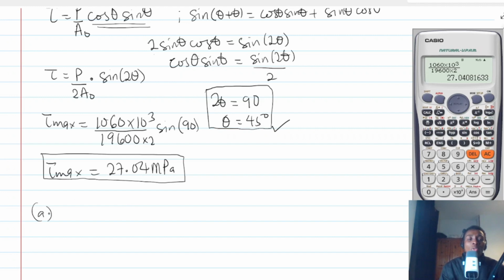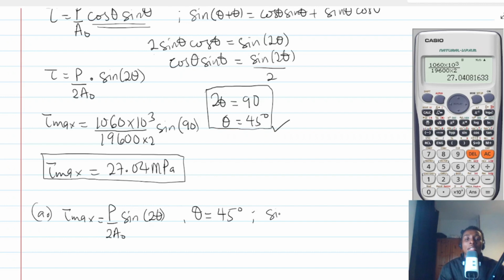So the first thing we know is that the maximum shearing stress is given by P over 2A naught sine 2 theta. This is the general formula actually, but the maximum shearing stress is when theta is 45 degrees. We just saw this.